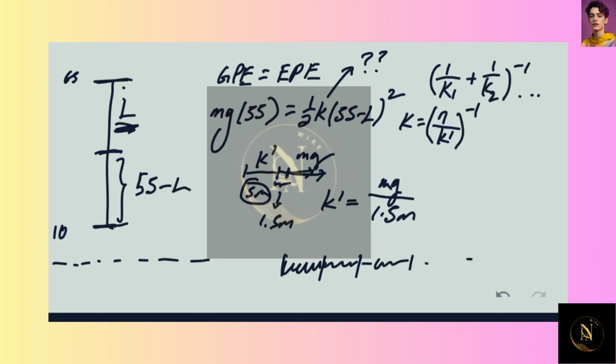So if we have n times 5 meters, we have 1 over k prime plus 1 over k prime, n times, to get the spring constant, and this is basically k prime over n.